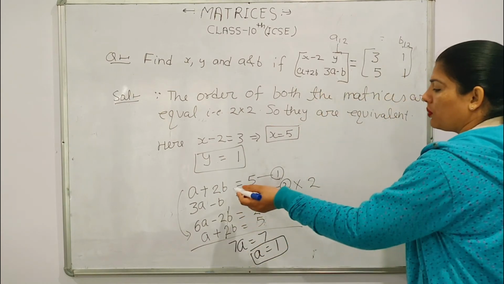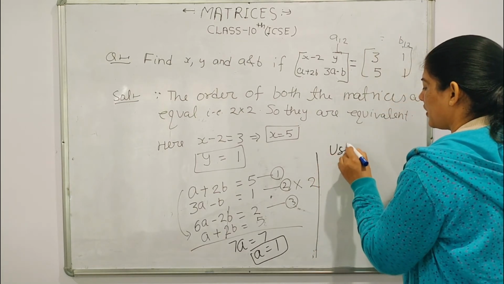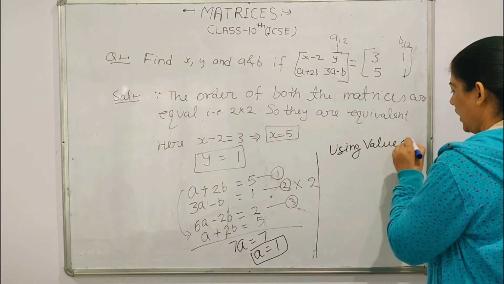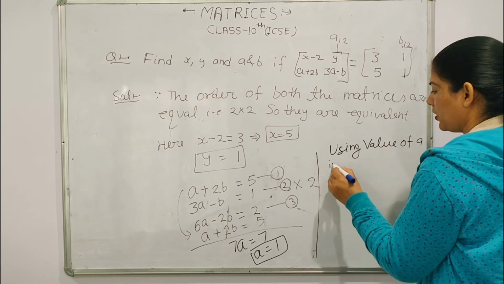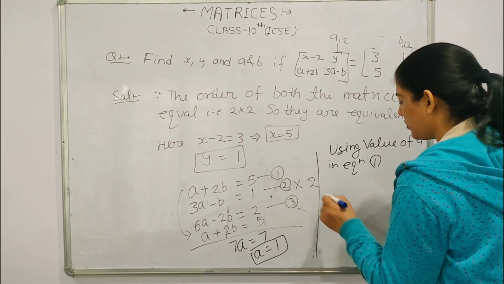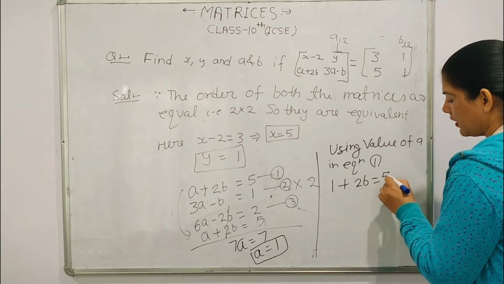So A is equal to 1. Put the value of A in equation 1. You can write equation 1 as 1 plus 2B is equal to 5.